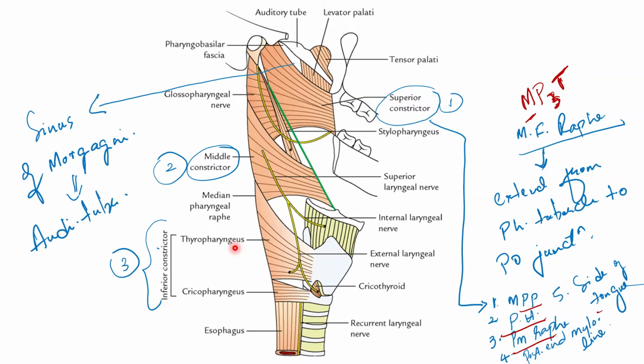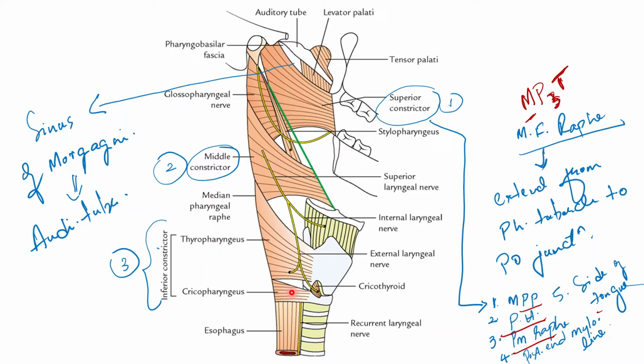The insertion of this muscle is again backward onto the median fibrous raphe till the pharyngoesophageal junction, wherein the pharynx continues with the esophagus below at the lower border of the cricoid cartilage.